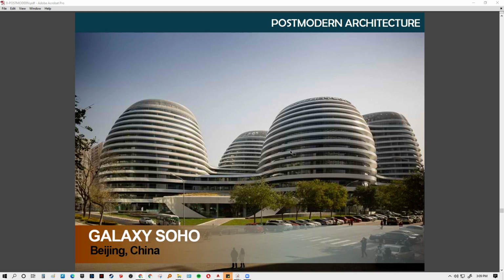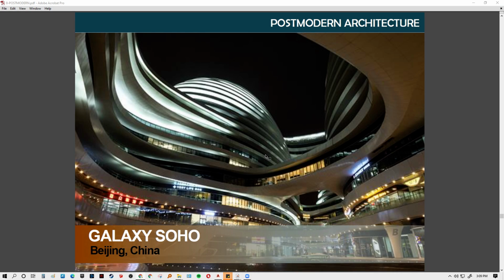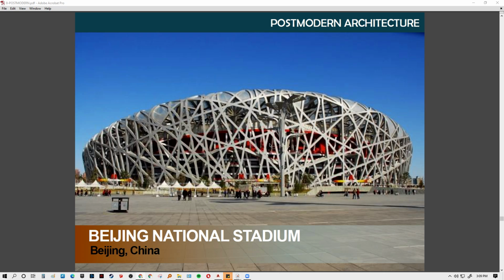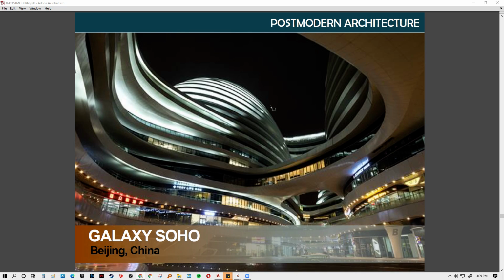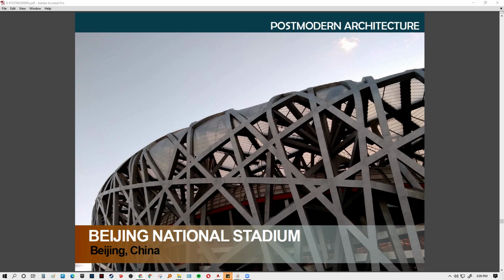Another one of her designs is Galaxy Soho in Beijing, China. She's able to pull off these designs through BIM. Next one, we have the Beijing National Stadium, the Nest.